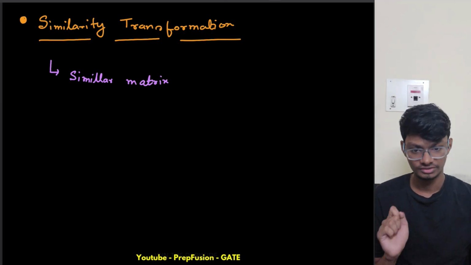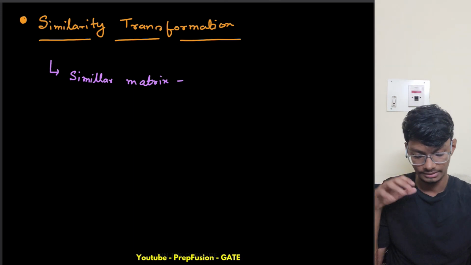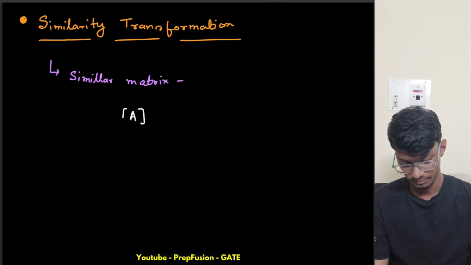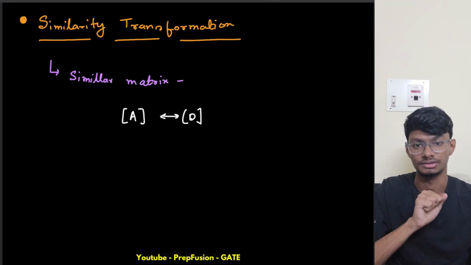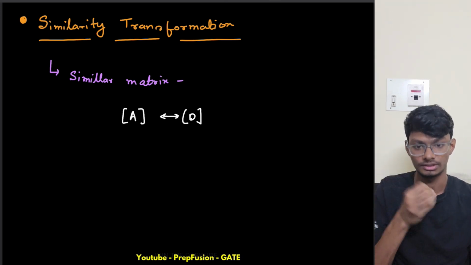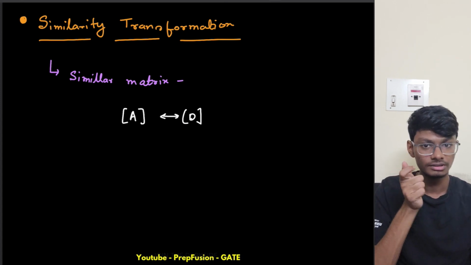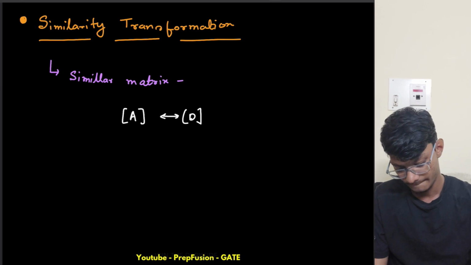The definition of similar matrix is this. Say we have two matrices, one is the A matrix, another is the D matrix. When will I say A and D are similar? If they are exactly the same, will I say they are similar, or is that different? By similar we mean they have a few things in common.